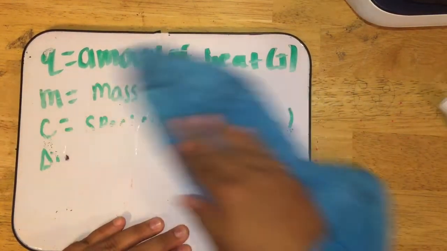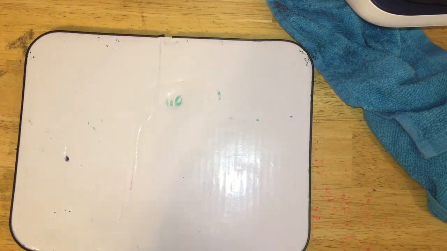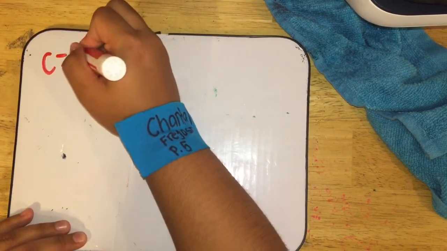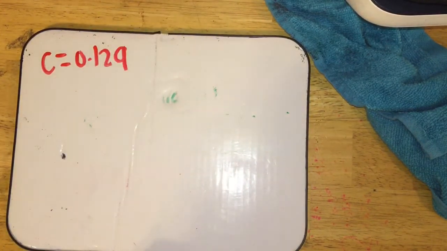Okay, so in this problem, these are the variables. C is equal to 0.129 because gold has a specific heat of 0.129, and in the question it said specific heat was 0.129, and C is equal to specific heat.